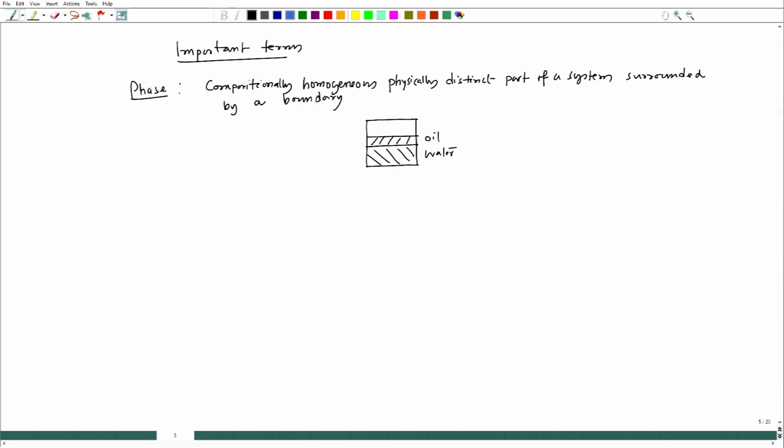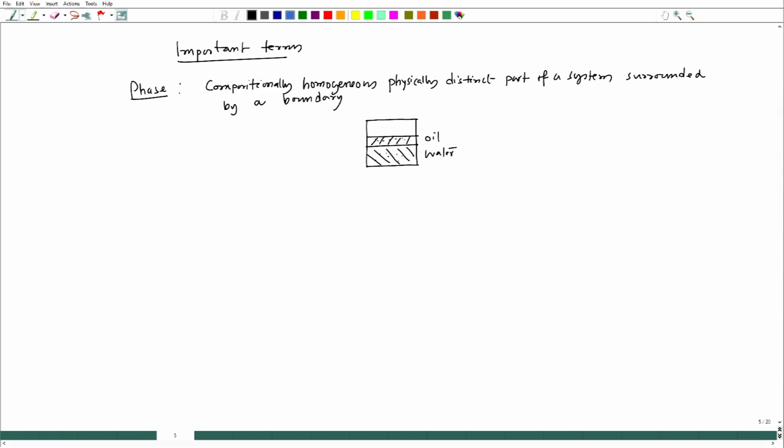The oil part is quite distinctly visible, and at every point in the oil a similar composition will be noticed, and in the water also we will see almost similar composition.